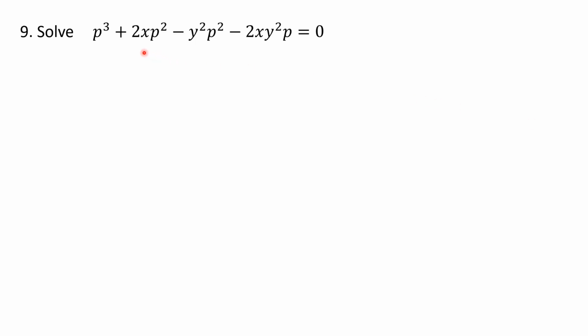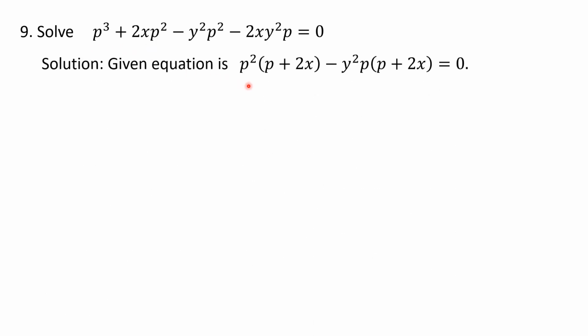Now here we have a cubic equation, a third degree equation, which we can again solve by the factorization method. So factorize it. I can observe that in the first two terms, p square is common. So the given equation is p square into (p plus 2x). From the third and fourth terms I will extract (p plus 2x). If I write p plus 2x, what is left out is minus y square p.